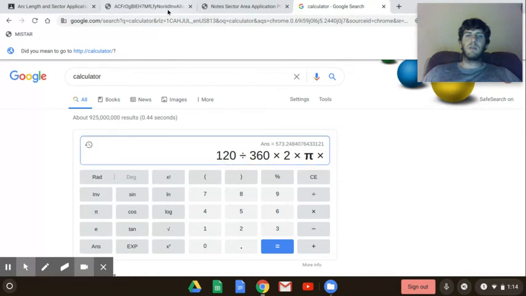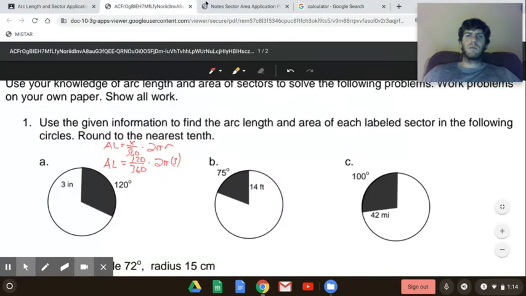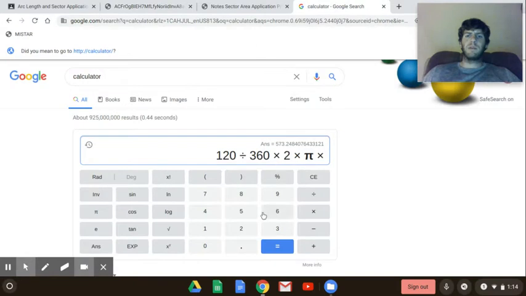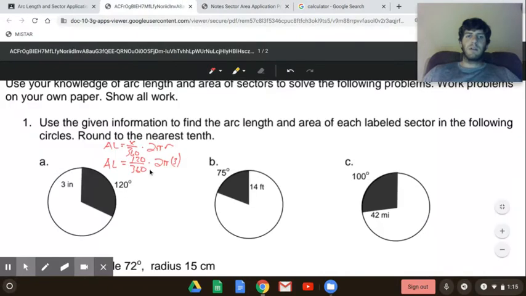Our radius was 3. So times 3. Round to the nearest tenth, so that's going to be 6.3 inches.